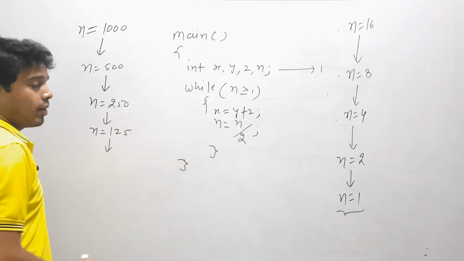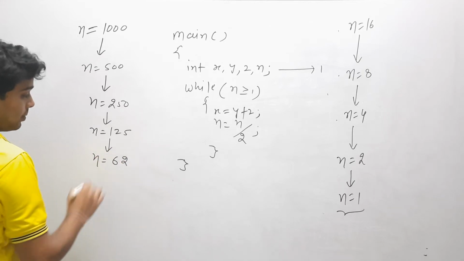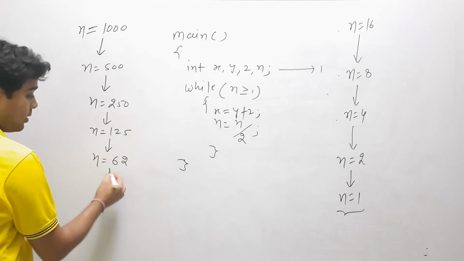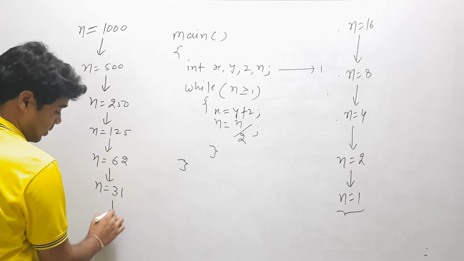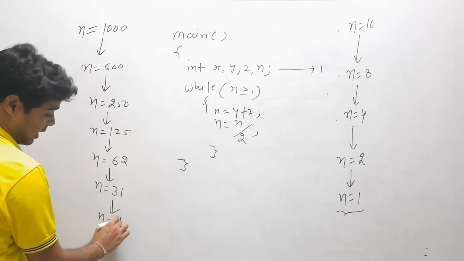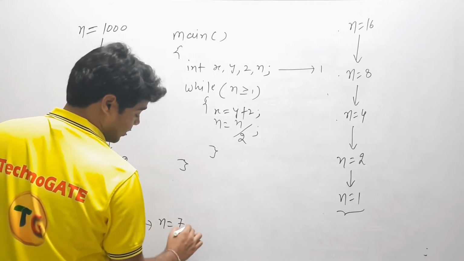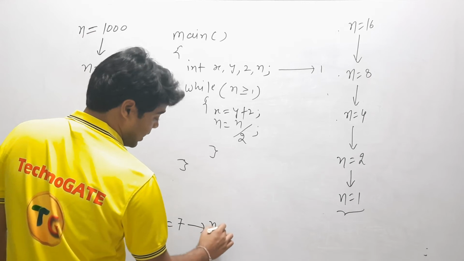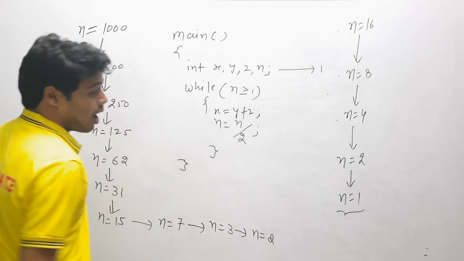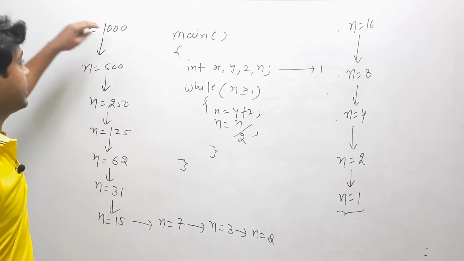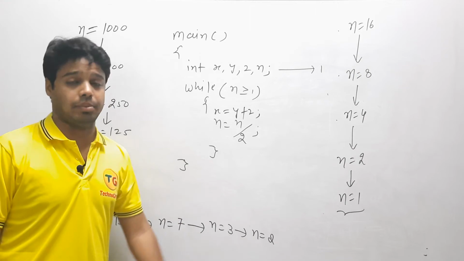Again 125 greater than or equal to 1, execute and becomes 62. Now again 62, n becomes 31. Now n becomes 15, now n becomes 7, now n becomes 3, and now n becomes 2. So how many times will it be executed? 1, 2, 3, 4, 5, 6, 7, 8, 9, 10 times here.